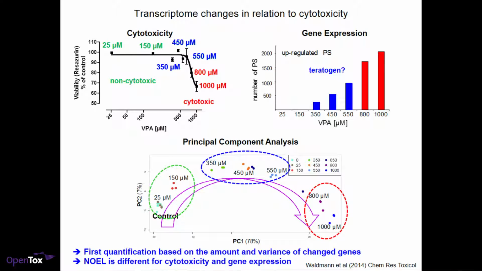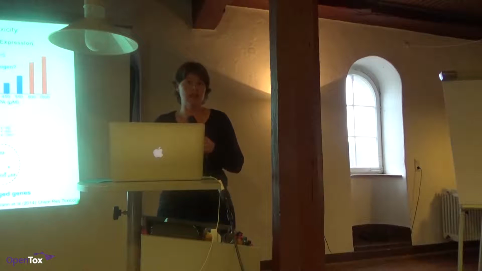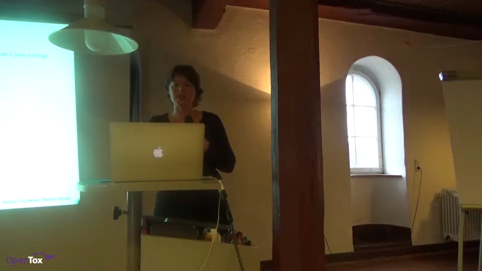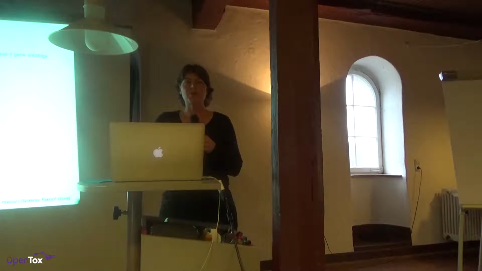So basically here we did a first quantification based on the amount and variance of changed genes. So it gives us a first hint, and importantly, the no effect level is different for cytotoxicity and for gene expression.